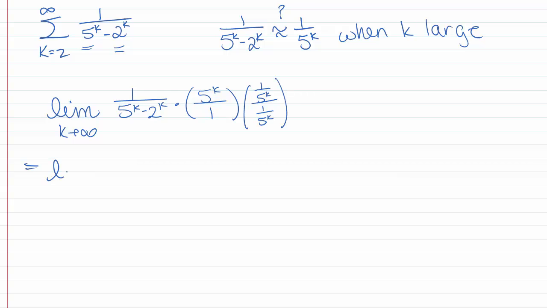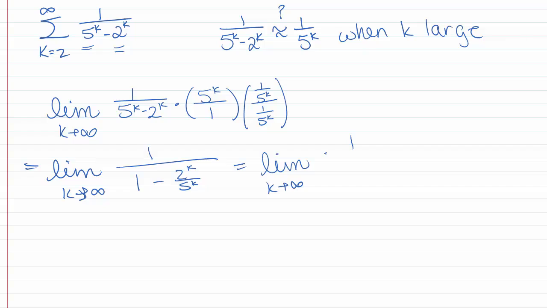So now I'm looking at the limit as k goes to infinity of 1 over (1 minus 2 to the k over 5 to the k), which is the limit as k goes to infinity of 1 over (1 minus (2/5) to the k). And 2/5 is a fraction less than 1, so that's going to go to 0, so this limit is 1.